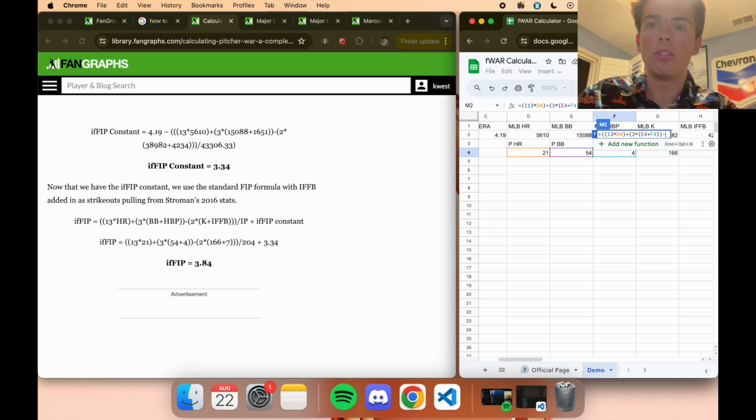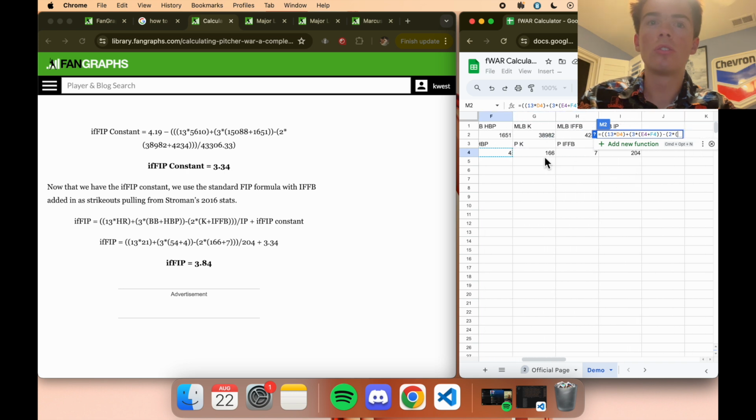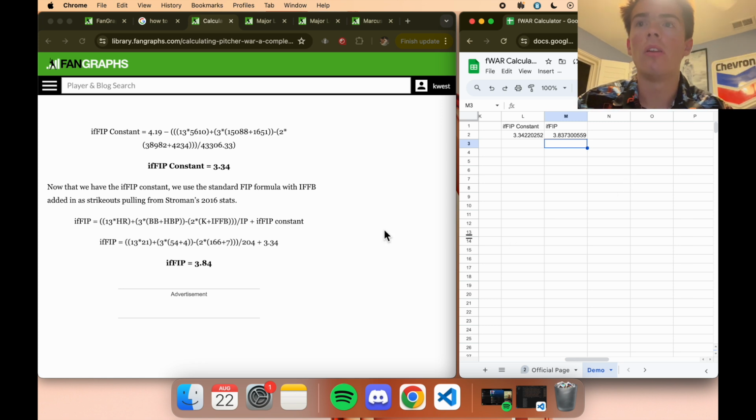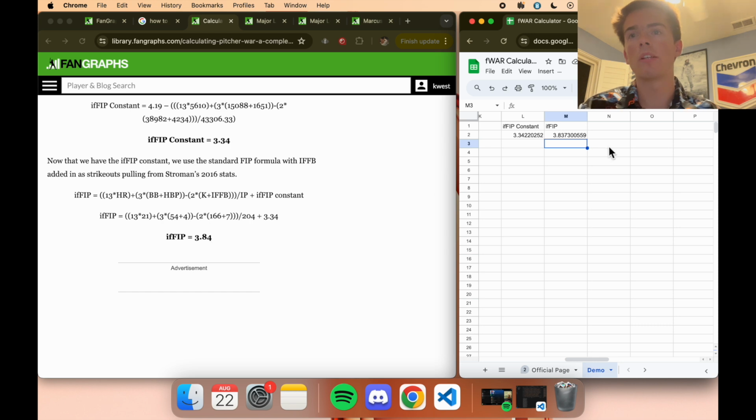Parentheses minus 2 times strikeouts plus infield fly balls. 1, 2, 3 divided by innings pitched. Plus, now we're going to want to add the IFFIP constant. Boom. Okay. Now 3.83, yeah, so 3.84, that would just round to that.